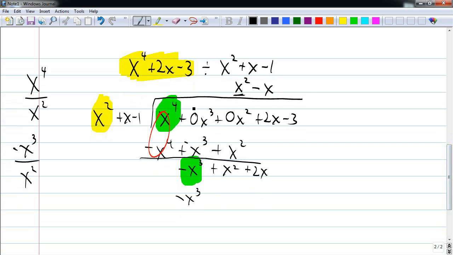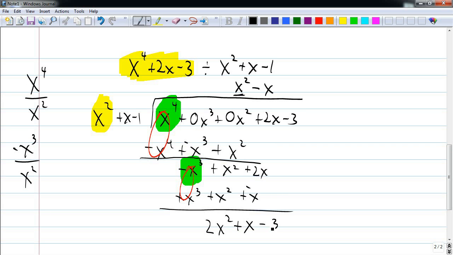Negative x times x is negative x squared. Negative x times negative 1 is positive x. Once again, I change signs and add, and once again, these zero out because that's what I want to have happen. This is 2x squared plus x minus 3, dropping down my next term.